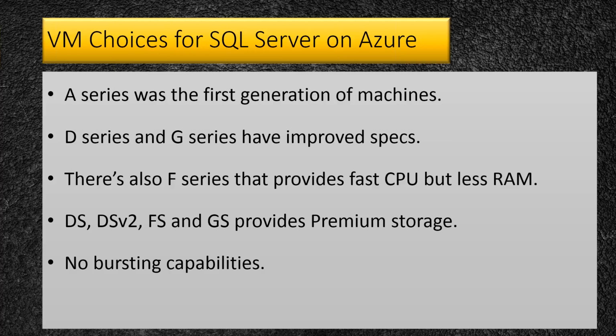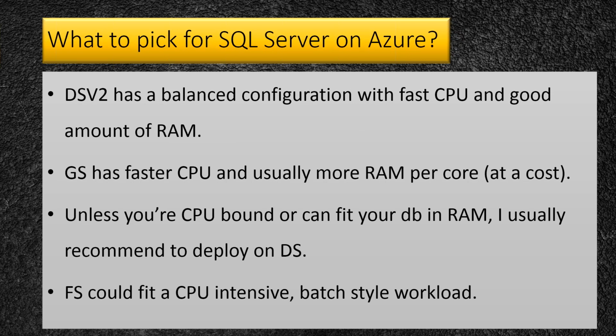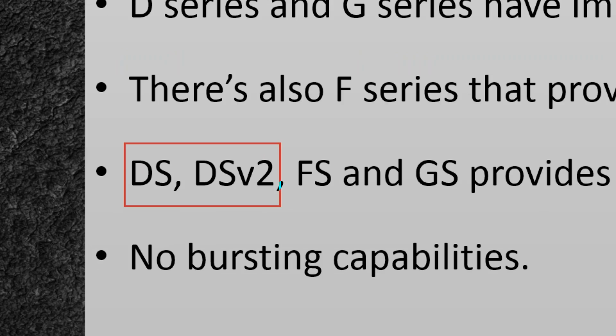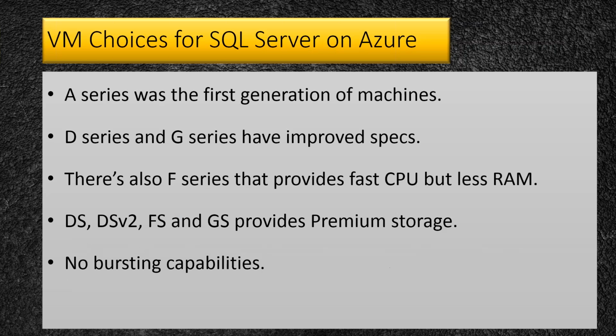Now, if you see here, there's not only the DS, but there's also this DSV2. DSV2 has the same type of model as the DS machines in terms of the cores and the amount of RAM, but the V2 comes from having an increased clock speed for the CPU.